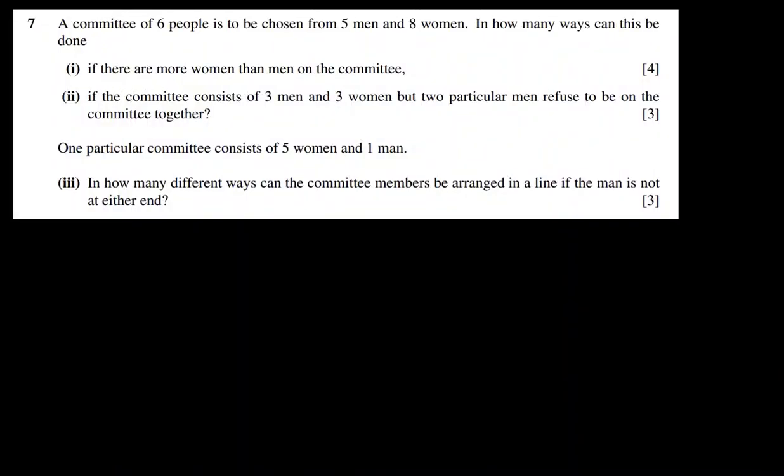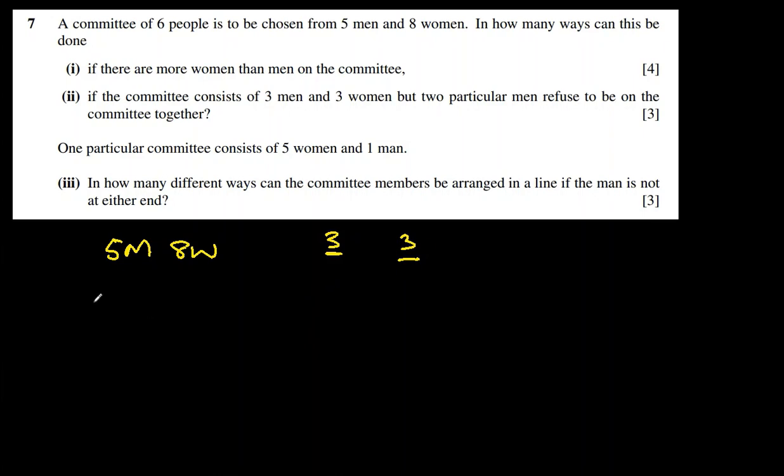Question 7. A committee of 6 people is to be chosen from 5 men and 8 women. In how many ways can this be done if there are more women than men in the committee? All right, so we want a total of 6. If there are 3 and 3, they are equal, so we want more women than men.